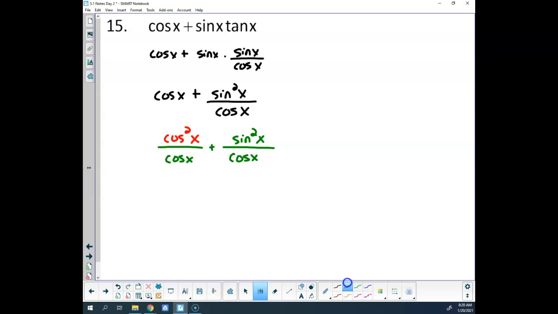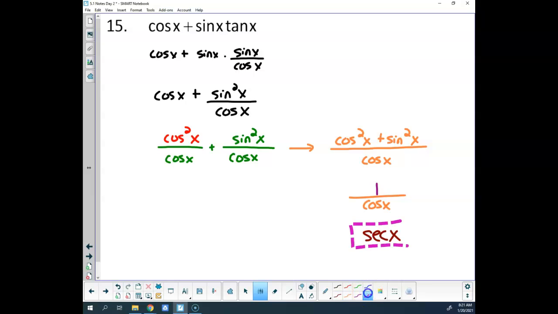So we get cosine squared there. Combine the top. Cosine squared plus sine squared. Yep.